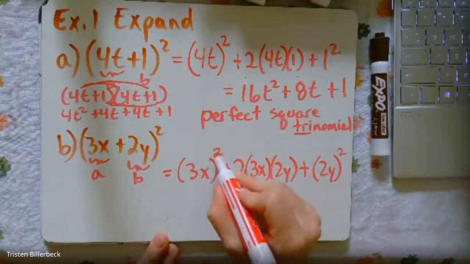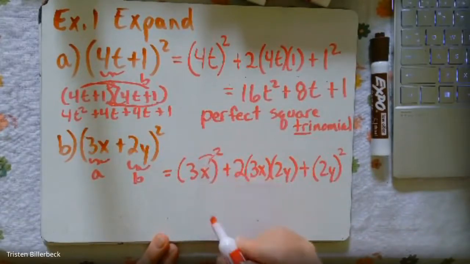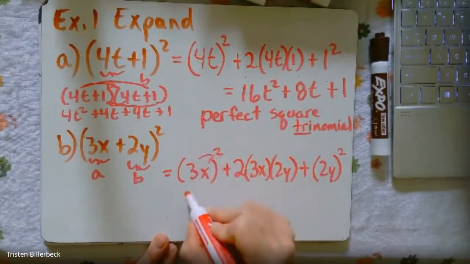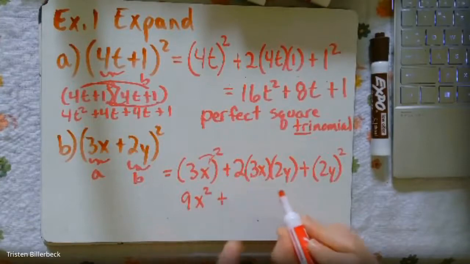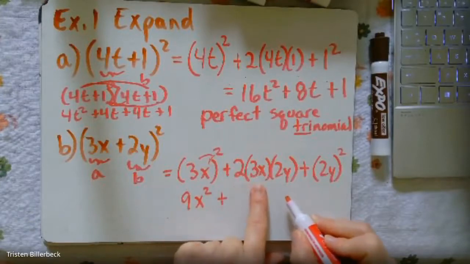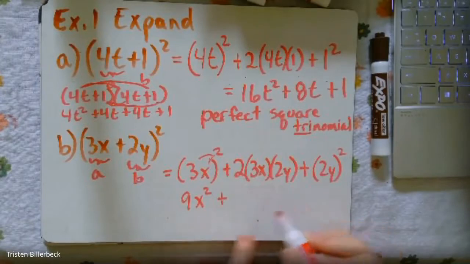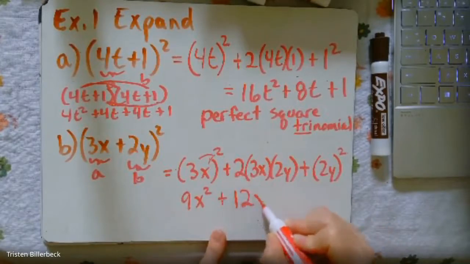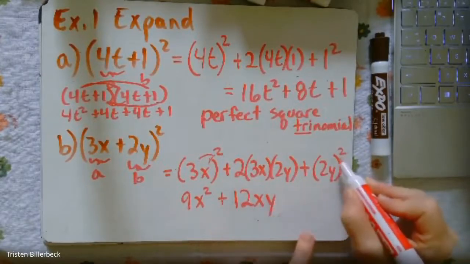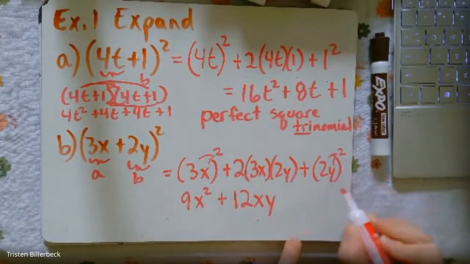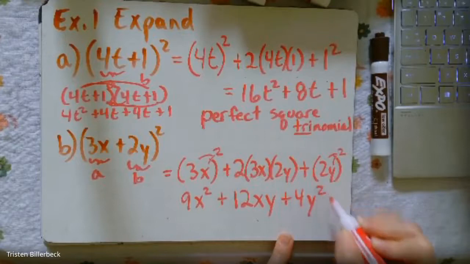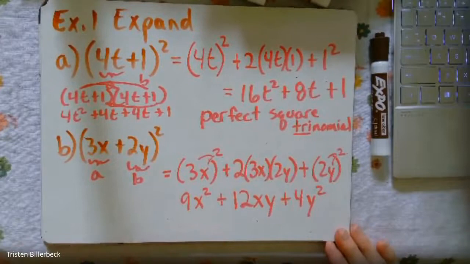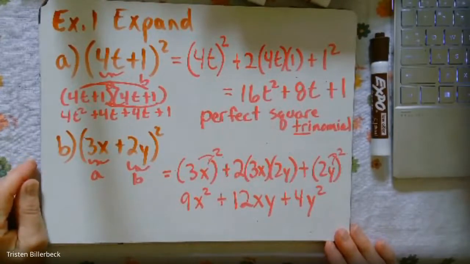If I take this exponent and distribute it to both, 3 squared is 9x squared, plus 2 times 3 is 6, 6 times 2 is 12xy. And again, I'm distributing to both of those, so 2 squared is 4y squared. So that's how we would use perfect square trinomial formulas.